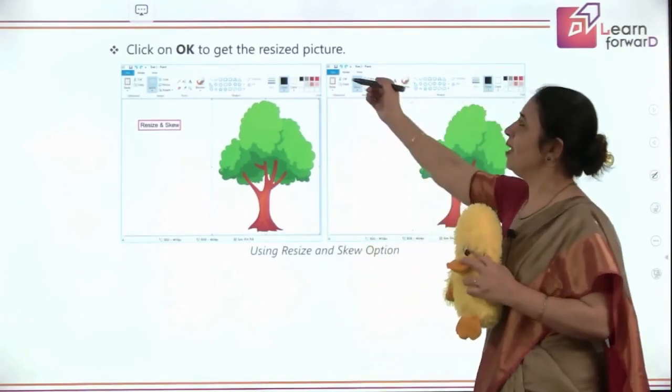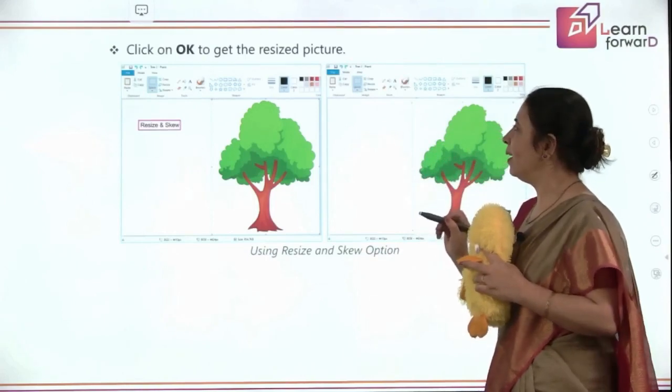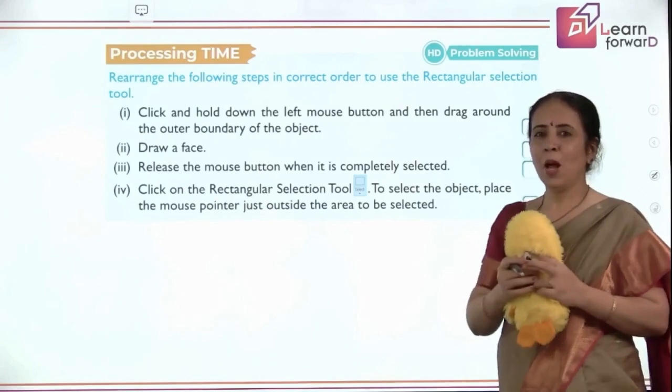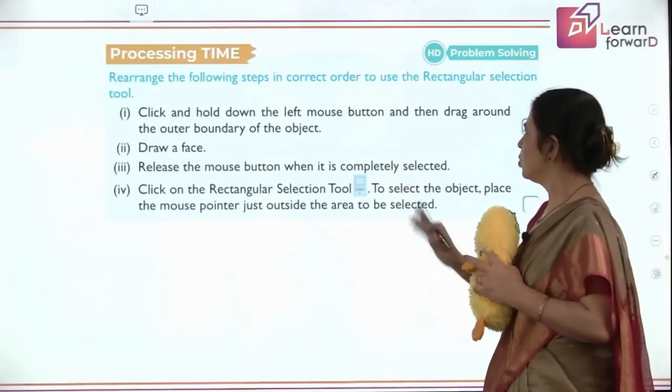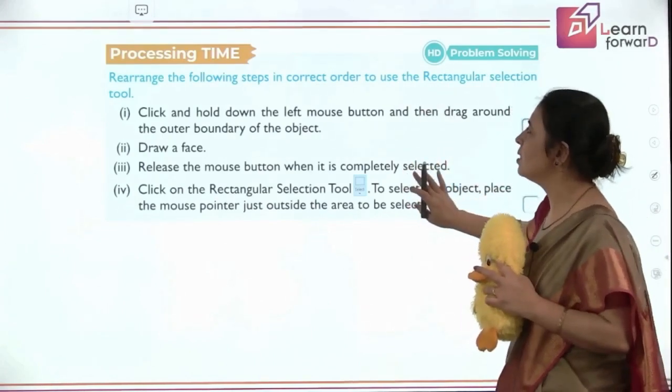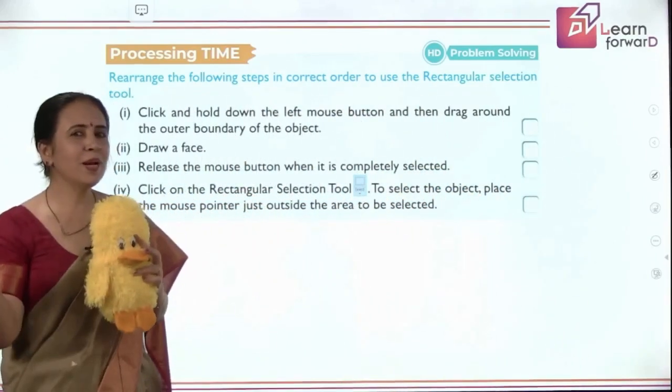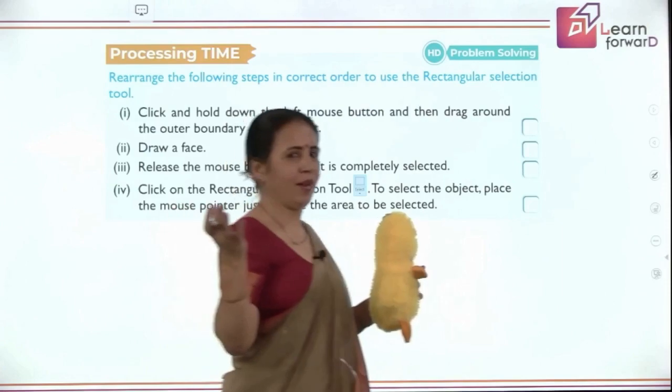So finally, we click on the OK button and your work gets done. Now is the practice time. So you have to just do this work on your own, try it, explore it, and have lots of fun. Okay?